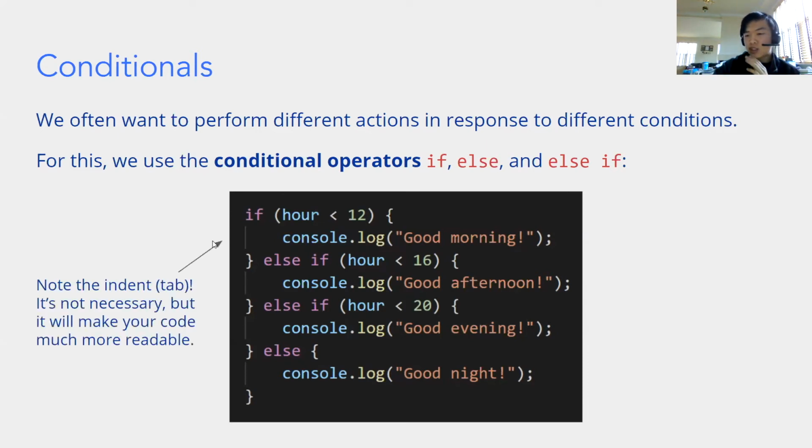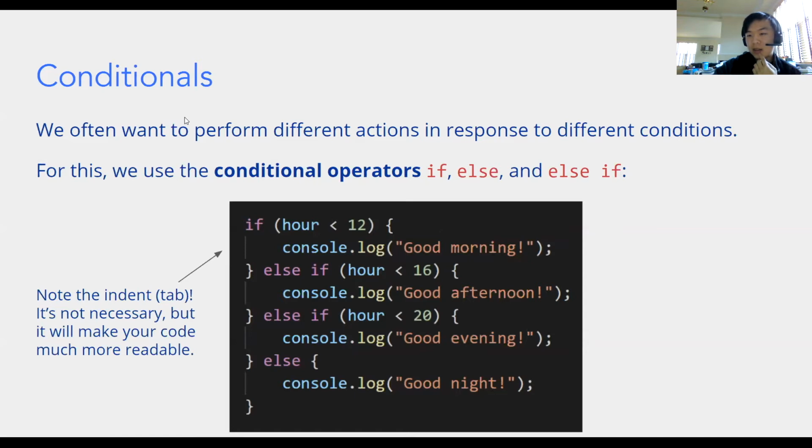So the indent's not strictly necessary, but you should still use it, just because it makes your code a lot nicer to read. If you're coming in from Python, you're already used to using indents all over the place, so hopefully that is already a habit for you. In general, it's just good coding practice. It keeps things organized.